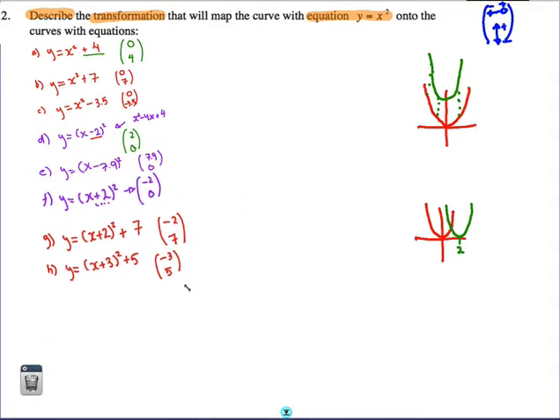Last two examples, that's going to relate to these. y is equal to x minus 4 squared plus 2. Again, the vector for this, since it's a minus 4, it's going to go 4 spaces to the right, and this plus 2 is going to move it up.